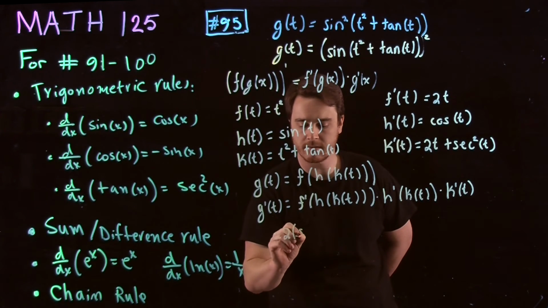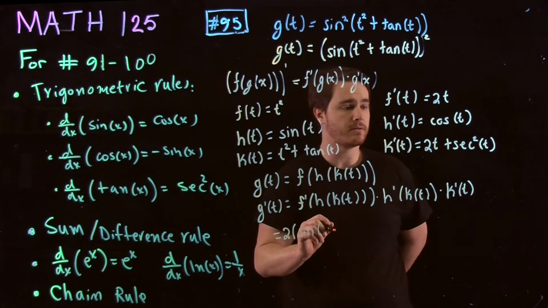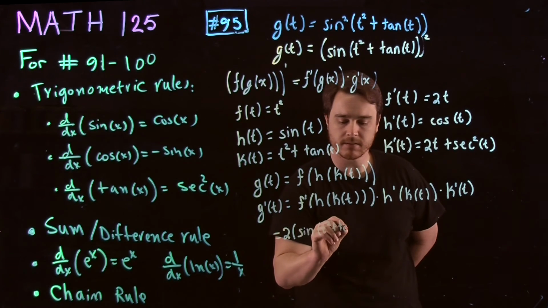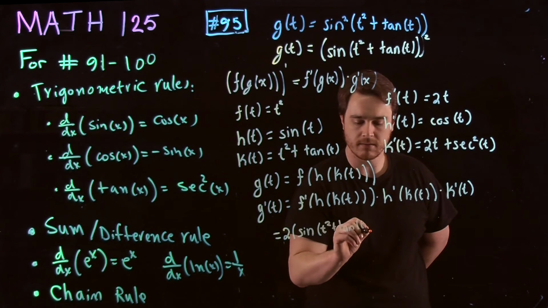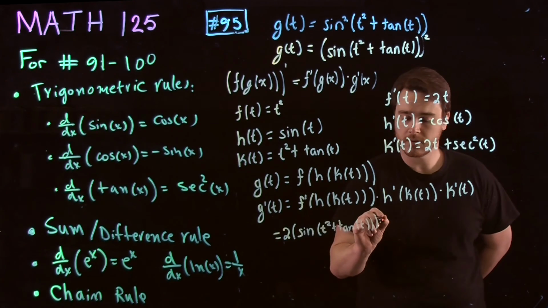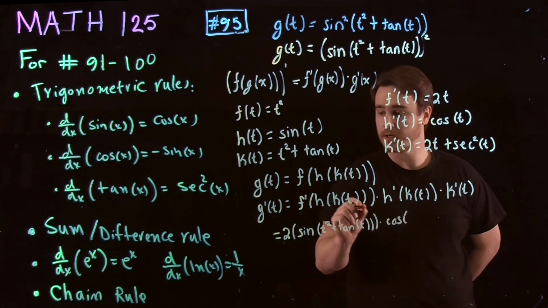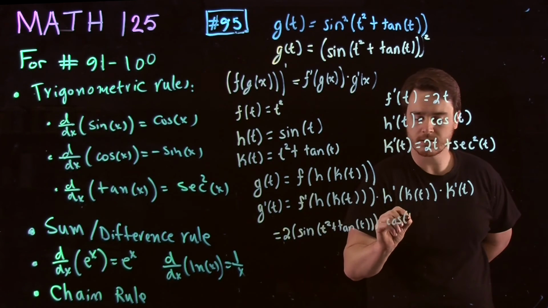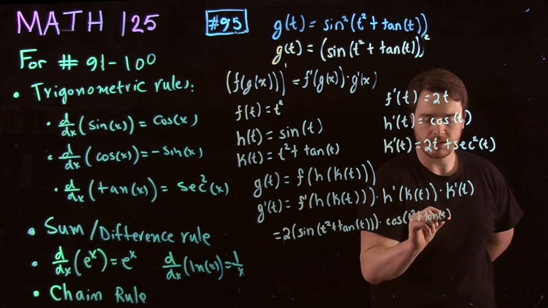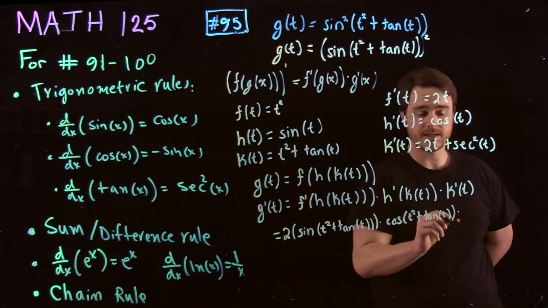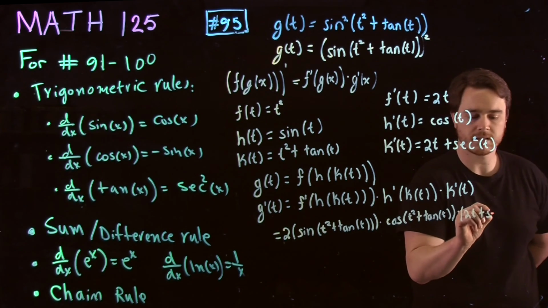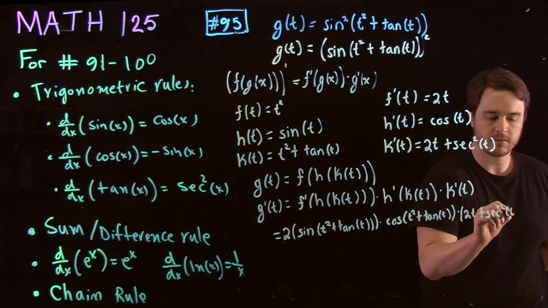So h is sine, and k of t is t squared plus tangent of t, times h prime, which is cosine of k of t, which is t squared plus tangent of t, times the derivative of k of t, which is 2t plus secant squared of t.